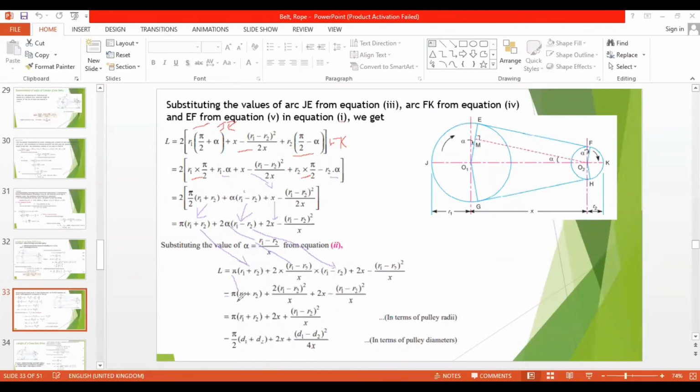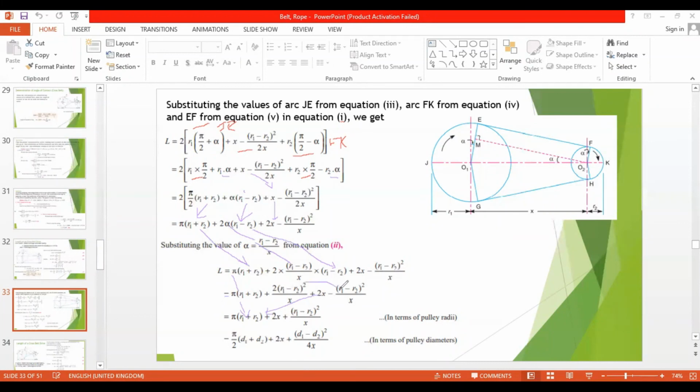Further solve it. Pi into r1 plus r2 plus 2x. So here 2 into r1 minus r2 whole squared upon x. Here minus r1 minus r2 whole squared by x plus 2 minus 1, that is plus 1 r1 minus r2 whole squared upon x.